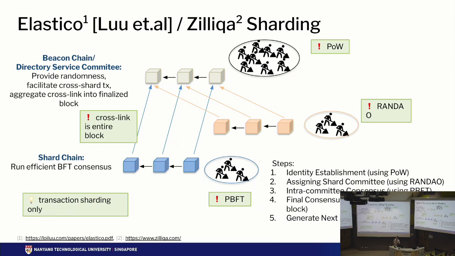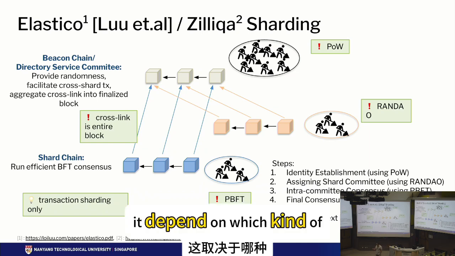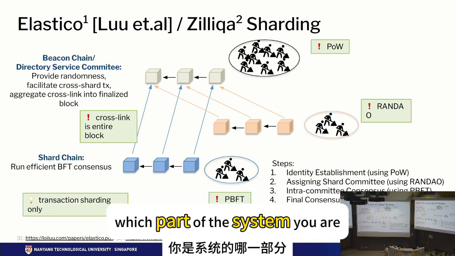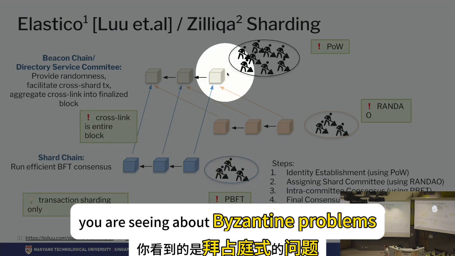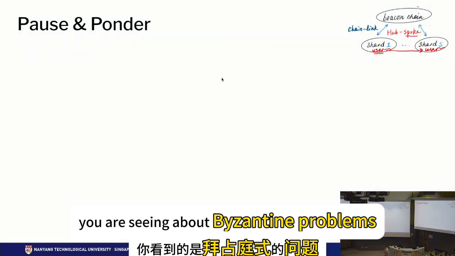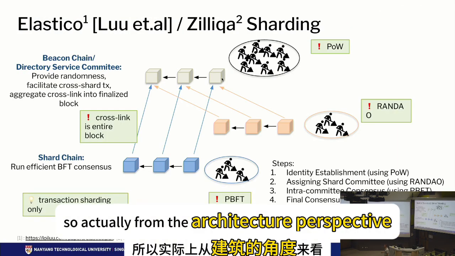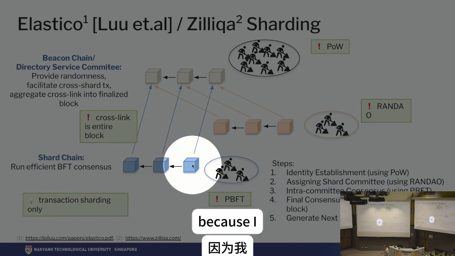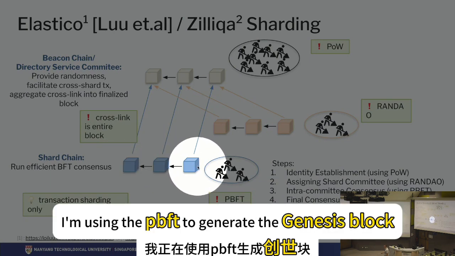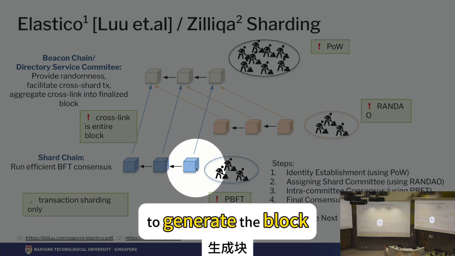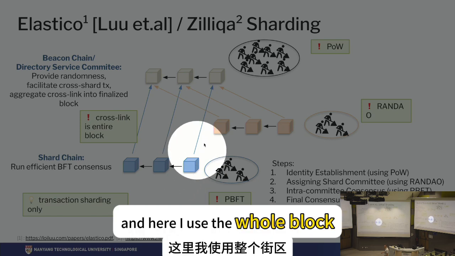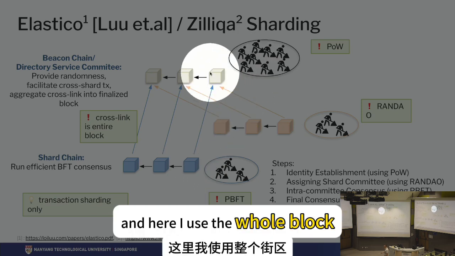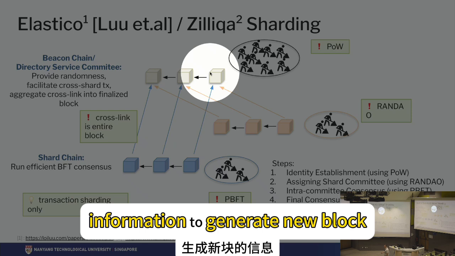It depends on which part of the system you are looking at for Byzantine problems. From the architecture perspective, I'm using PBFT to generate the Genesis block, and here I use the whole block information to generate a new block.